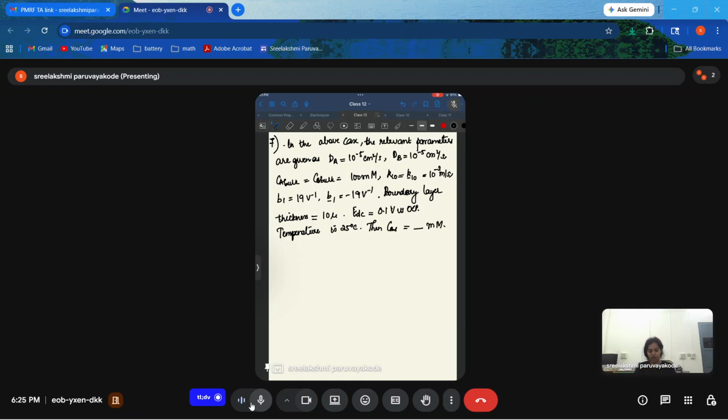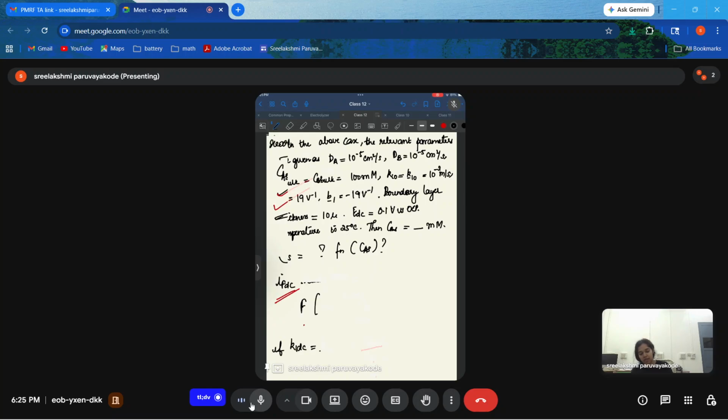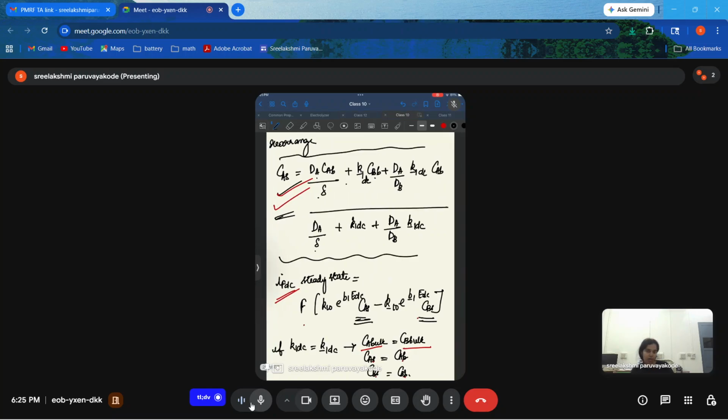So this is kind of continuation of the last question. We have already found out all these parameters, simplified it and changed it to single unit. So now the thing is, how is CBS related to a function of CAS? For that we have to again go to the last week's class. So we have already found out what CAS is.